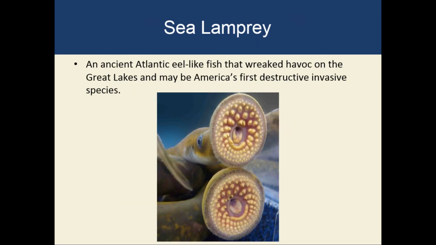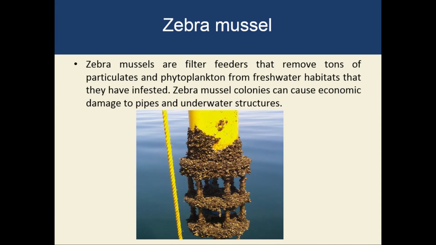Sea lampreys are an ancient eel-like fish that wreaked havoc on the Great Lakes and may be America's first destructive invasive species. Zebra mussels are filter feeders that remove tons of particulates and phytoplankton from freshwater habitats that they have infested. Zebra mussel colonies can cause economic damage to pipes and underwater structures.